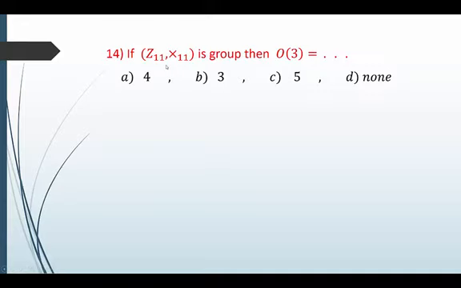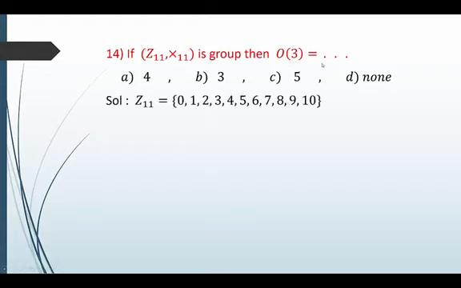14. If Z11 under multiplication is a group, then order of 3 is equal to ___. Z11 is 0, 1, 2, 3 up to 10.